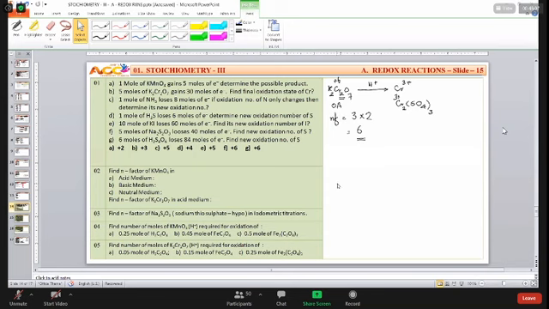Next question, question number 3. In question number 3, find N factor of Na2S2O3, sodium thiosulfate, that is called hypo, right?